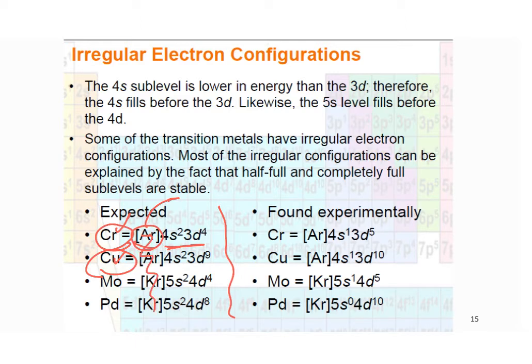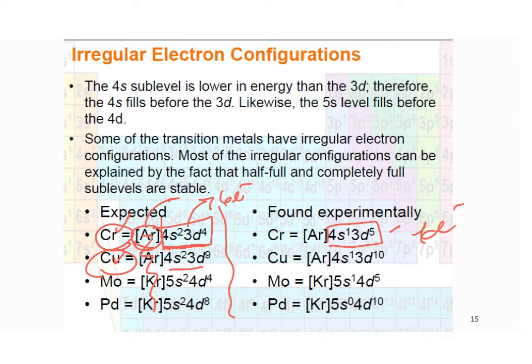Don't pay attention to those. I just want you to look at how you would expect the electron configuration of these transition metals to end. You would expect the chromium group to end in 4s2, 3d4, but how they really go is 4s1, 3d5. So you have the same number of electrons in these higher energy level orbitals. See, they both have 6 electrons.